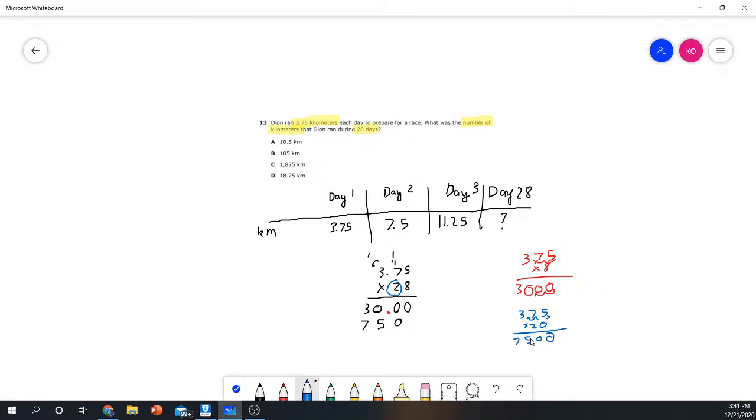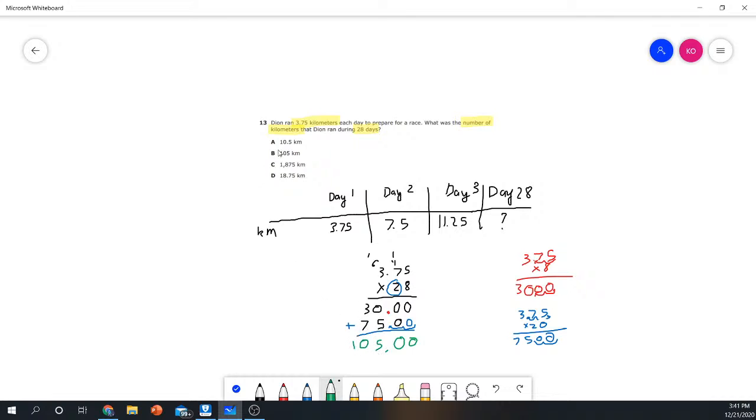So, once again, 3.75 times 20. Now we move the decimal place to the left twice, so we have our imaginary 0 here. Now we just add these up. 0 plus 0 is 0, 0 plus 0 is 0, point, 0 plus 5 is 5, then 3 plus 7 is 10.